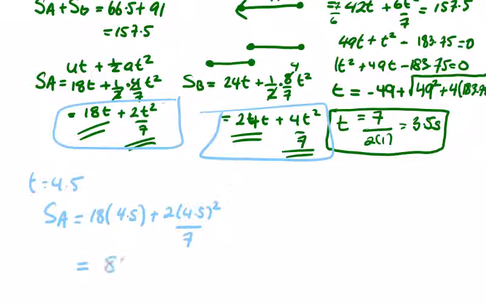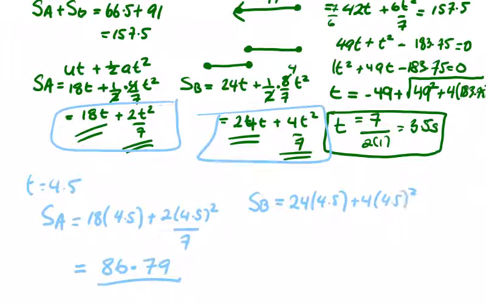This is giving me 86.7857. I'll round it off to 2 here, and then the distance traveled by B is going to be 24 by 4.5 plus 4 by 4.5 squared over 7. Again, double check your answer.